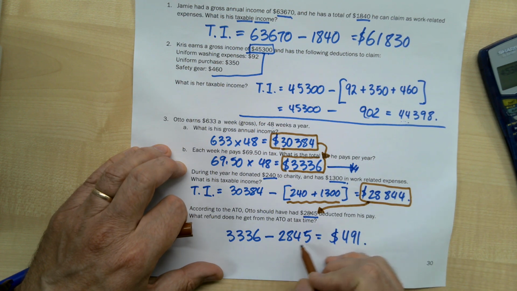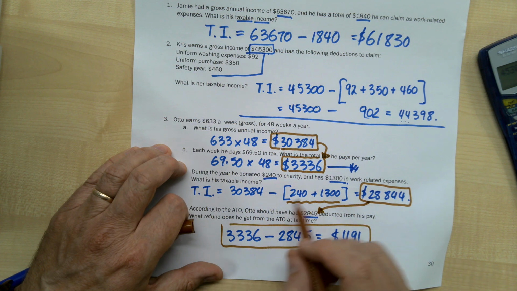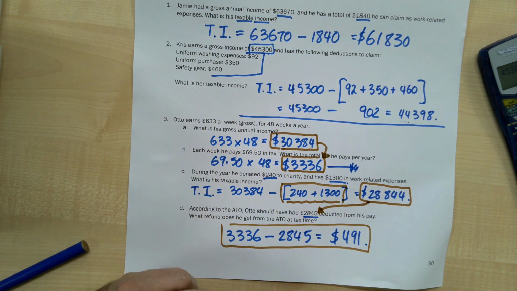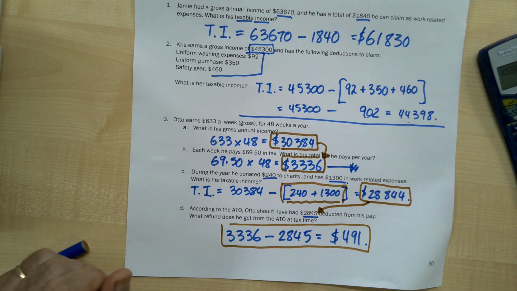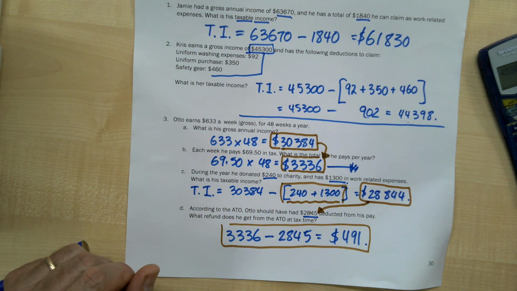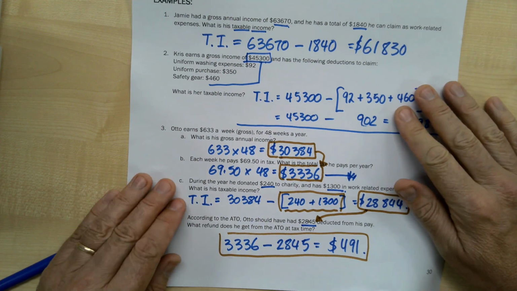Mr. Government, you owe us some money back. This is why you need to collect deductions. You need to keep your receipts. You need to know what you can and can't claim, because that is how you get a refund at the end of the financial year. Alrighty, that'll do.